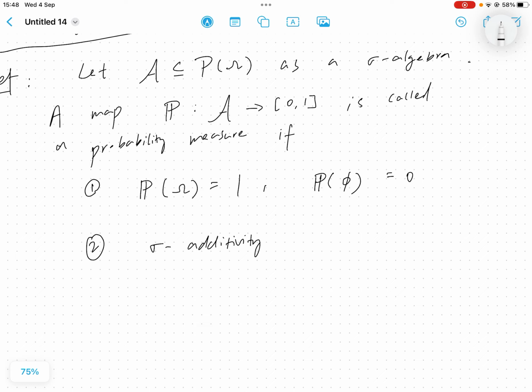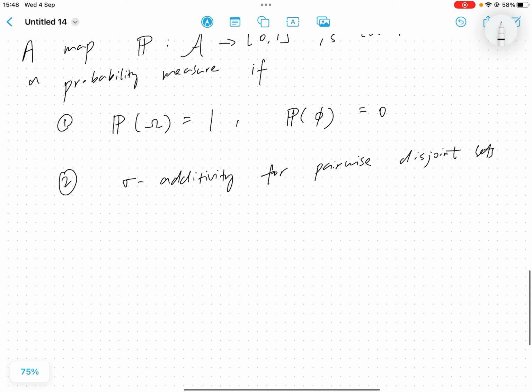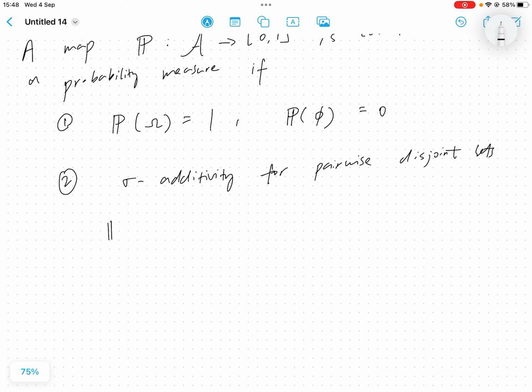Sigma additivity for pairwise disjoint sets means that P of the union of the A_j should be the summation of the P's separately.